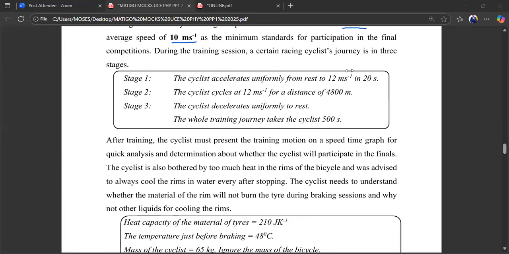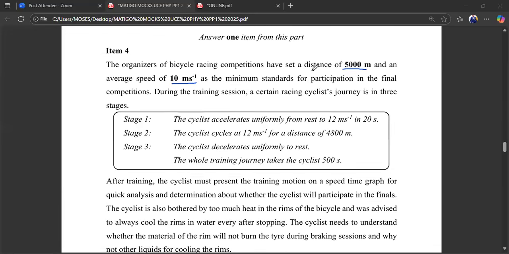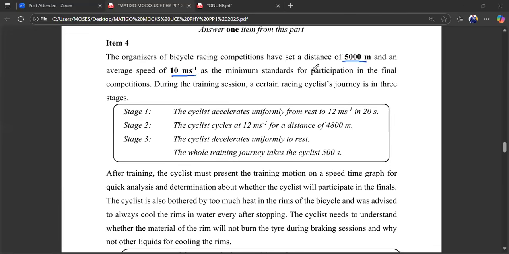Now our task is here. This is our question. People have just joined. Item 4 is saying the organizers of bicycle racing competitions have set a distance of 4,000 meters and an average speed of 10 meters per second as the minimum standard for participation in the final competitions. During the training session, a certain racing cyclist's journey is in 3 stages. The stages are given here.